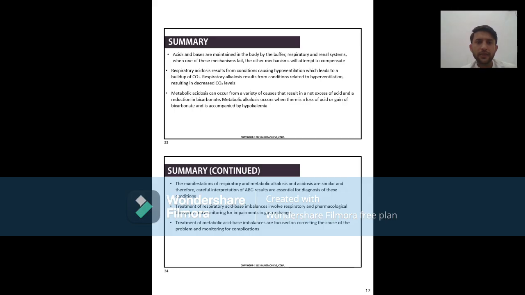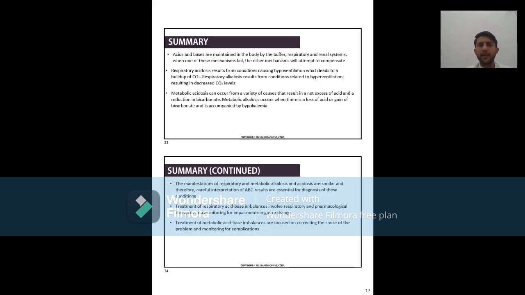This is the short summary of what we have discussed in very detail. Acid-base balance is maintained in the body by the respiratory and renal systems. When one of these mechanisms fails, the other mechanism will help to compensate. Respiratory acidosis results from conditions causing hypoventilation, which leads to a buildup of CO2. Respiratory alkalosis results from conditions related to hyperventilation, resulting in decreased CO2 level.